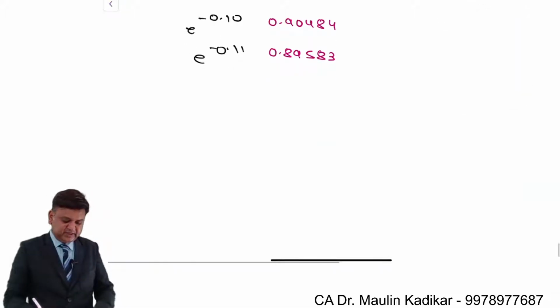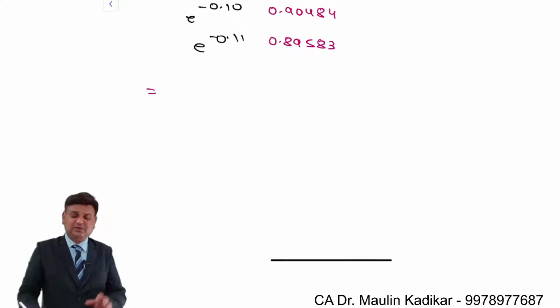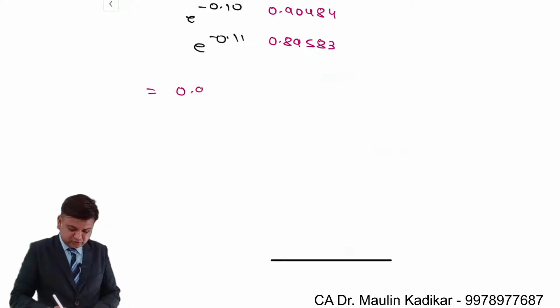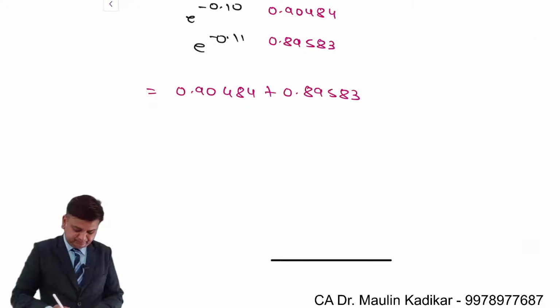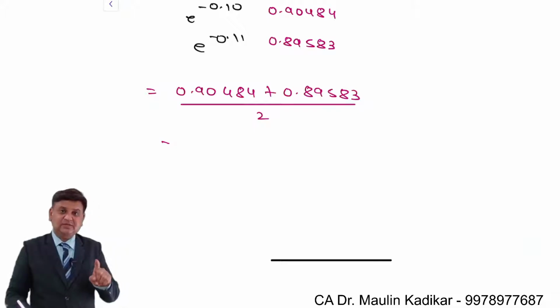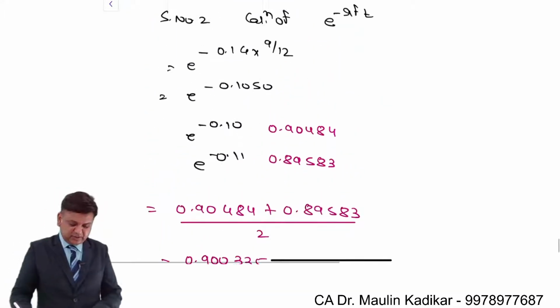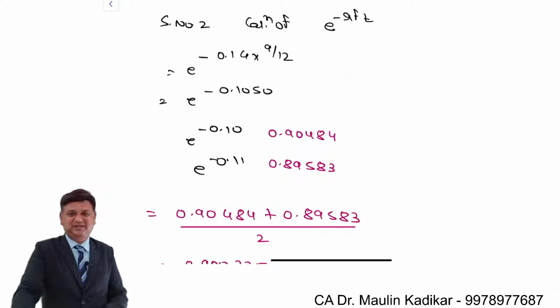Now we will do an interpolation between both of them. It is a simple average because it is exactly in between. So 0.90484 plus 0.89583 whole divided by 2 is 0.900335. This is the way we compute e raised to negative RF into T.